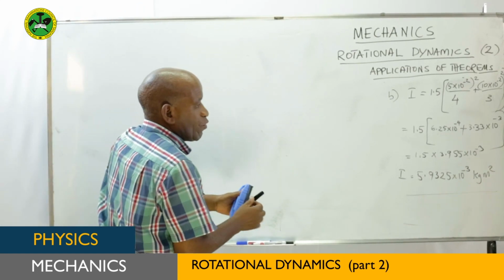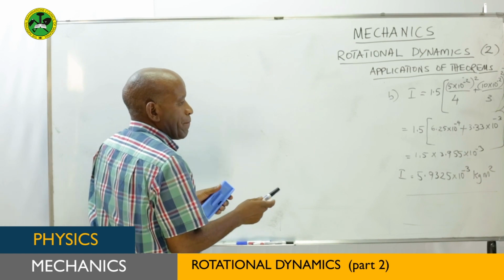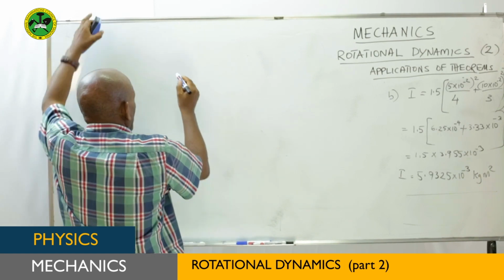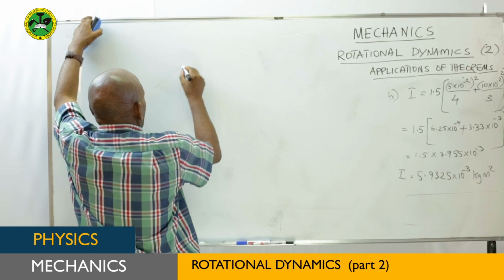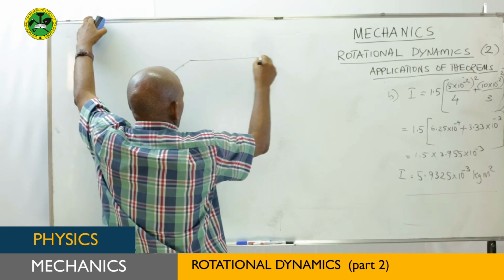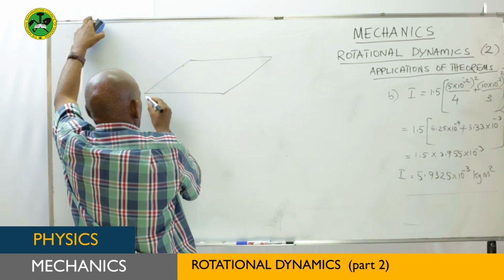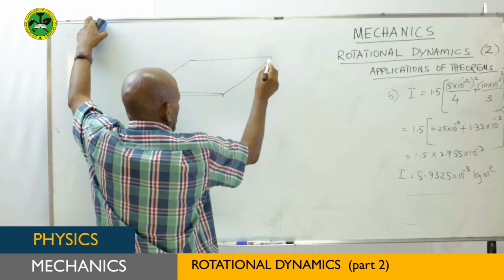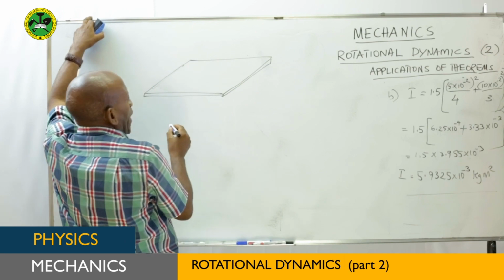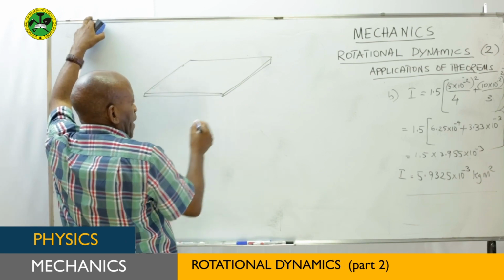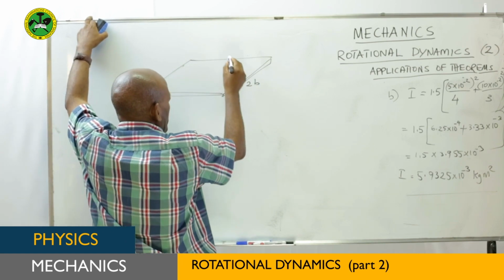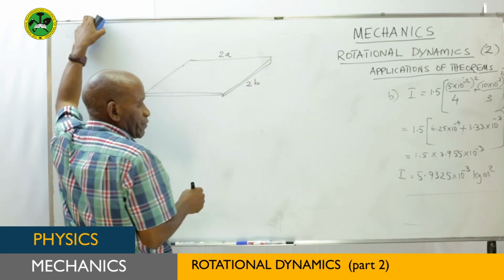We are given here a rectangular plate of mass M. So if it's a rectangular plate, then it is a plate which is just like that. It's a rectangular plate of mass M, and the sides are 2b by 2a.